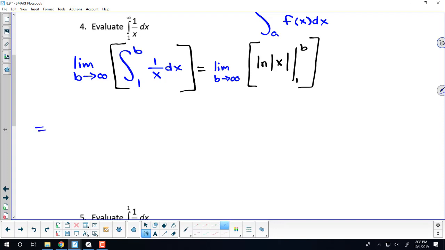So we'll plug that in. Limit as b approaches infinity, we get natural log of the absolute value of b minus natural log of 1.